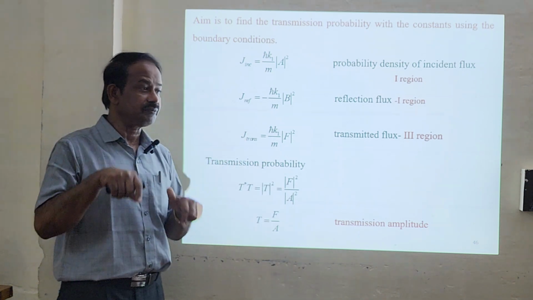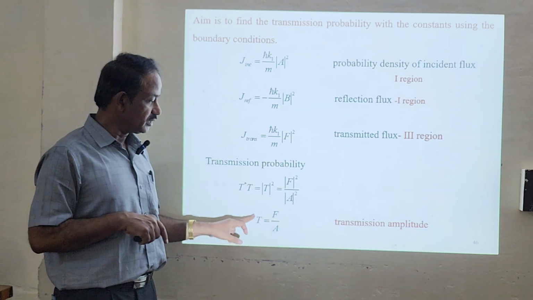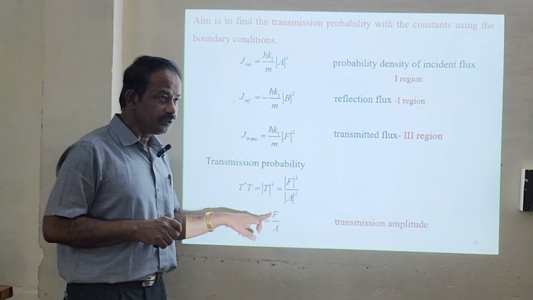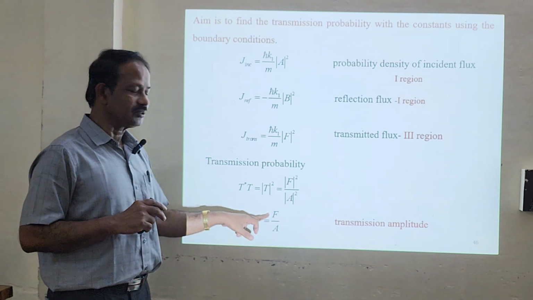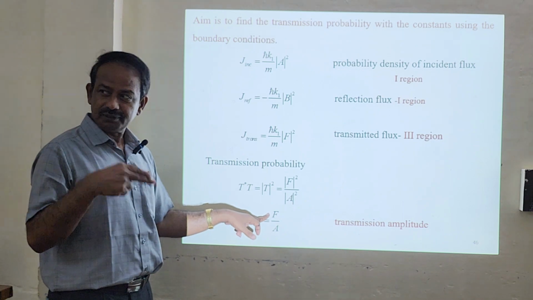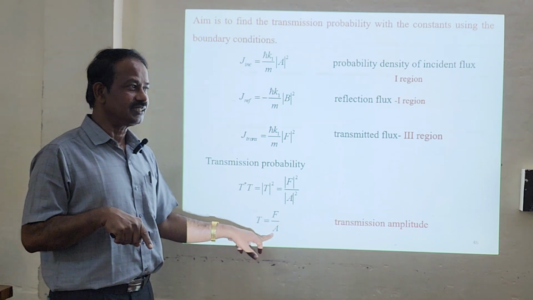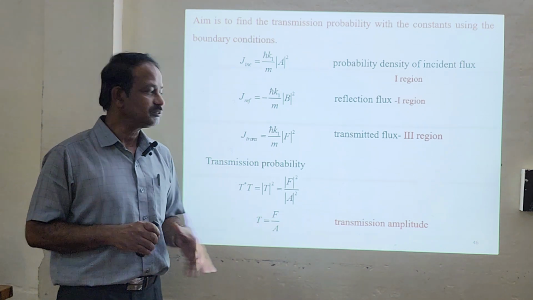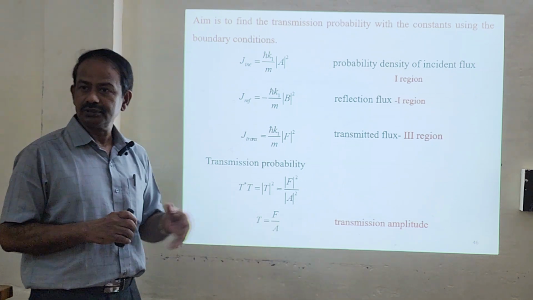The ratio of F and A will give you the transmission coefficient, the square of the transmission amplitude, and if we take the root, that will give you T equals F by A. So if you know F, the coefficient of the last region, that is the transmitted flux, and you know the constant of the incident wave, the ratio will give you the transmission probability or transmission amplitude. So this is what we are going to discuss.